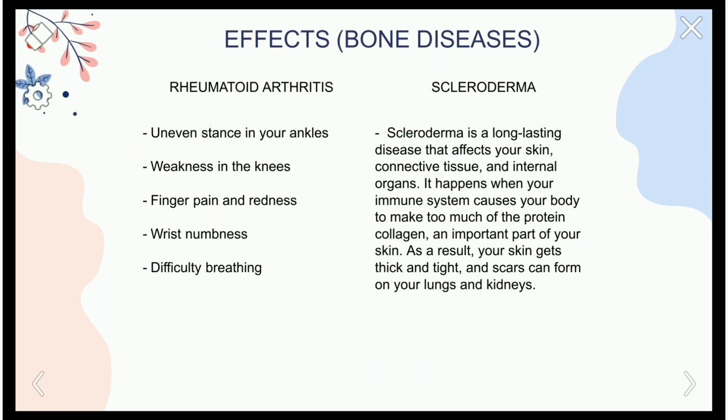Effects of bone diseases. Rheumatoid arthritis: uneven stance in your ankles, weakness in the knees, finger pain and redness, wrist numbness, and difficulty breathing. Scleroderma is a long-lasting disease that affects your skin, connective tissue, and internal organs.